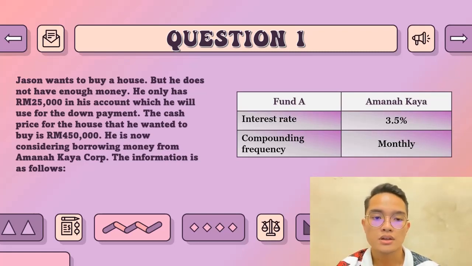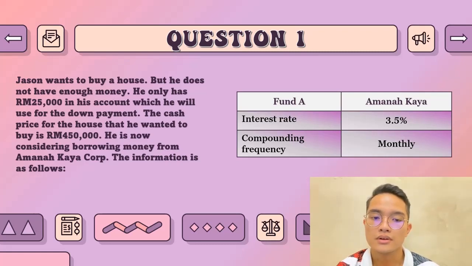He only has 25,000 ringgit in his account, which he will use for the down payment. The cash price for the house that he wanted to buy is 450,000 ringgit. He is now considering borrowing money from Amanah Kaya Corporation.